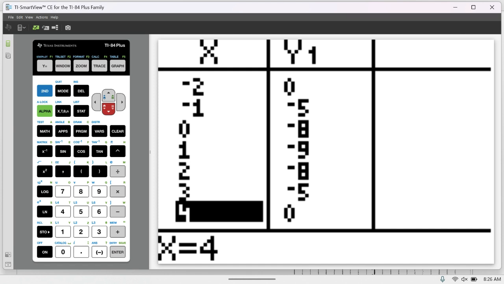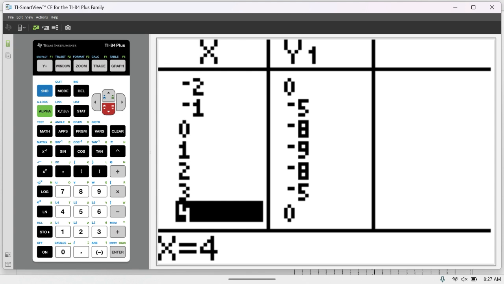After what number? -9. So if you look right here, it goes 0, -5, -8, -9, and then it starts repeating again: -8, -5, 0. So that means this point, 1, -9, is going to be our vertex.